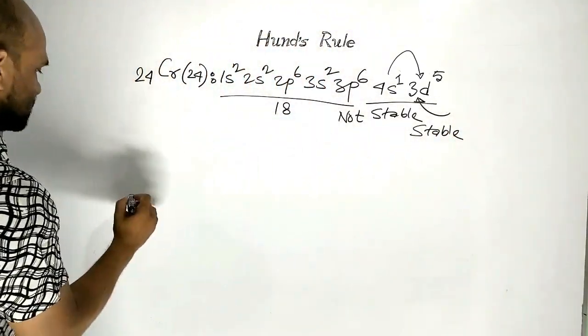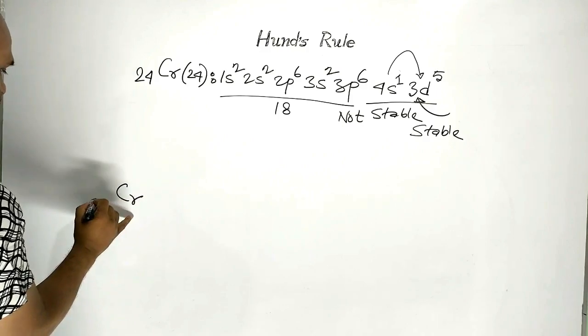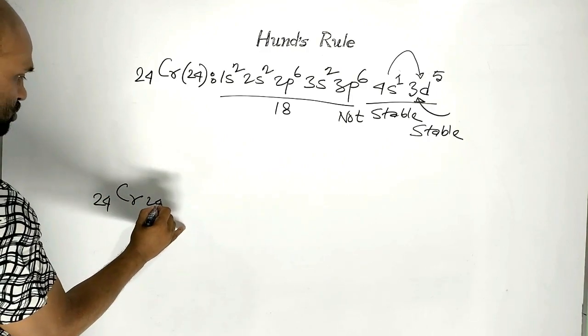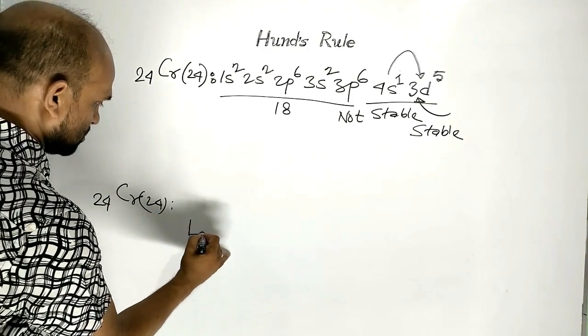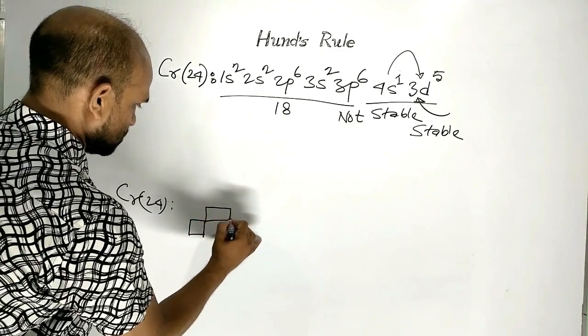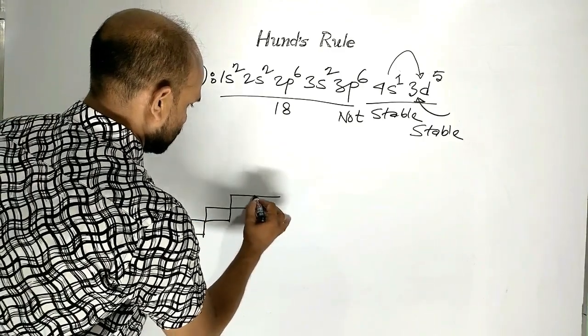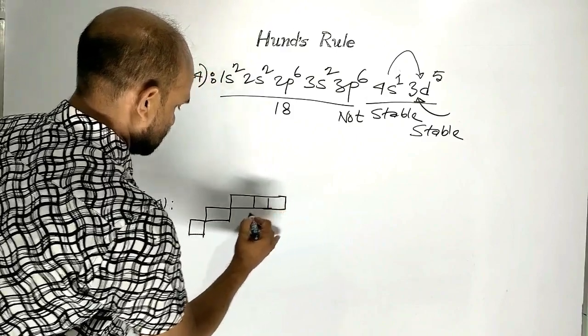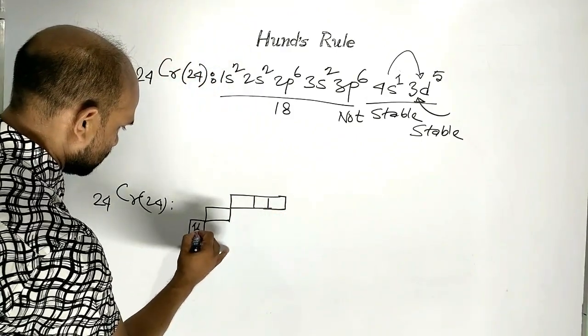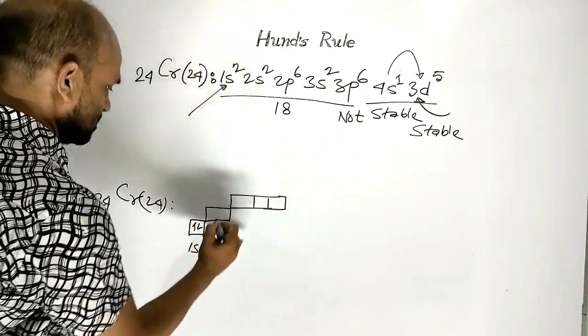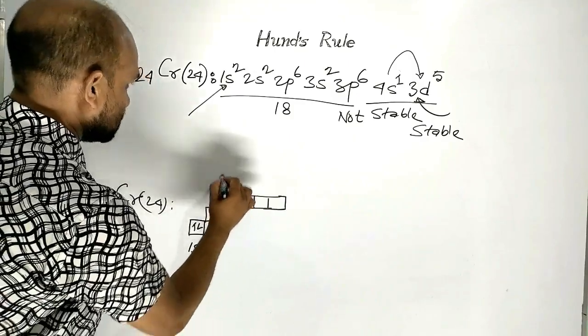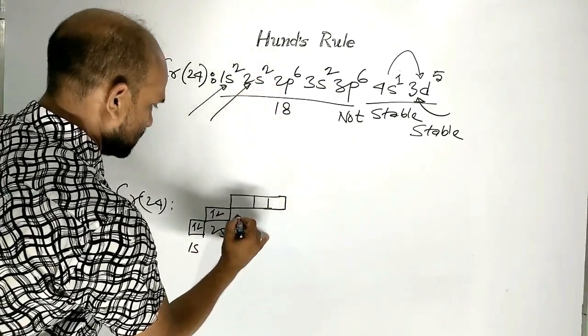Now, let us see in box method. 24. 1s, 2s, 2p. 1s, 2 electrons. Then 2s, 2 electrons. Then 2p.